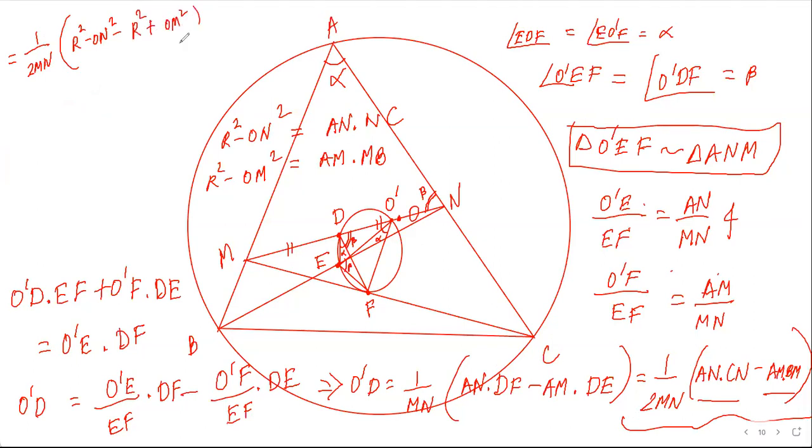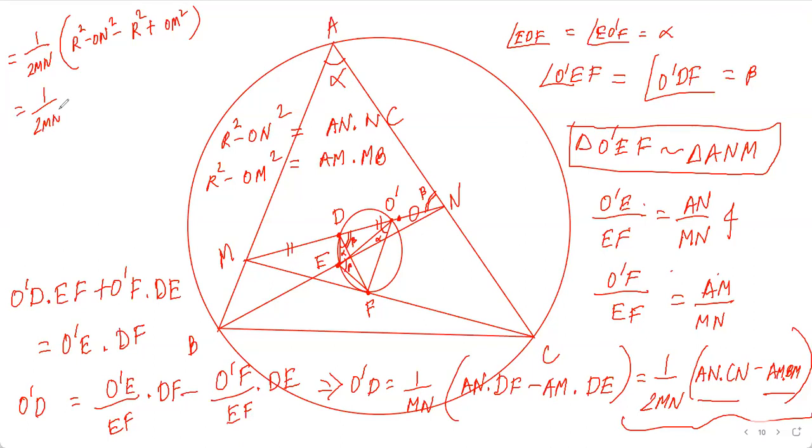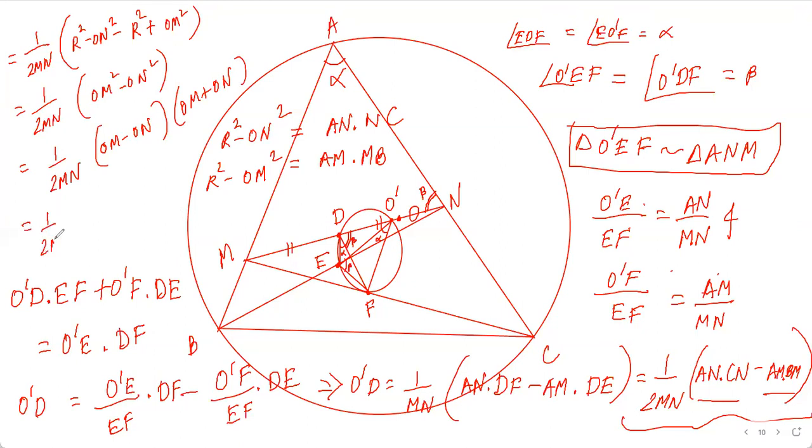So it's finally boiling down to 1 by 2MN, r square getting cancelled out, OM square minus ON square, and that is equal to 1 by 2MN times OM minus ON times OM plus ON. And now look at OM plus ON, that is MN, right? So half of 2MN times MN times OM minus ON.